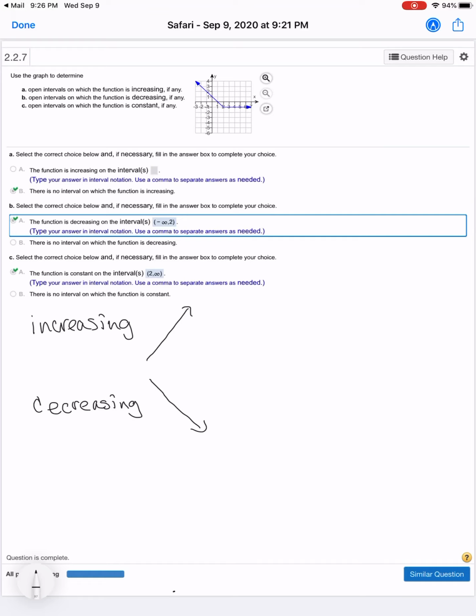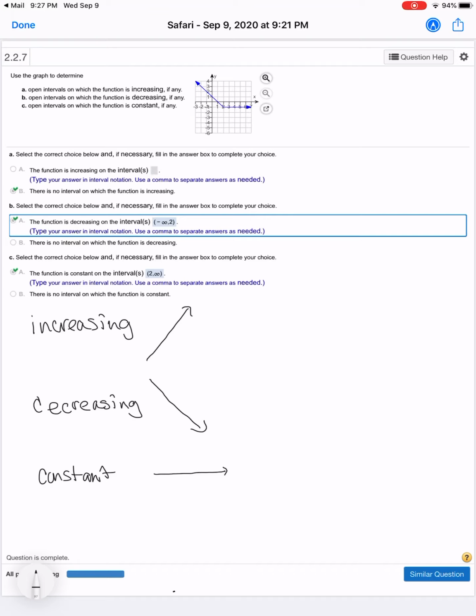And when it is constant, the y values stay the same as we move left to right, and we get a piece of the function that is a horizontal line. When we ask questions about increasing, decreasing, and constant, we're going to ask for the x values where the y values are changing in this fashion.